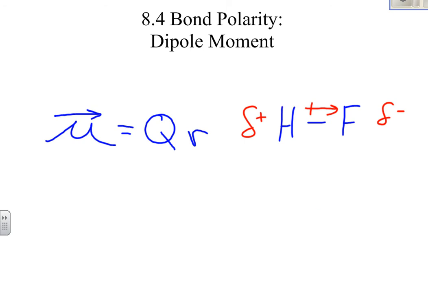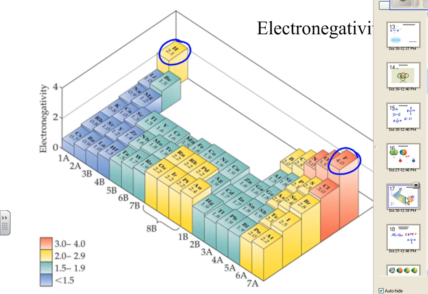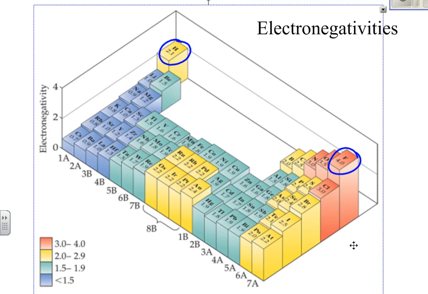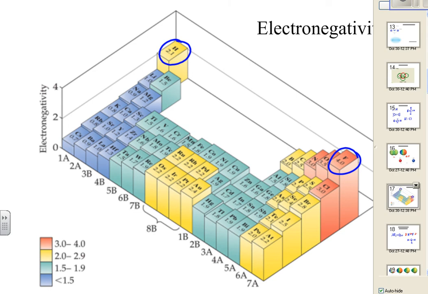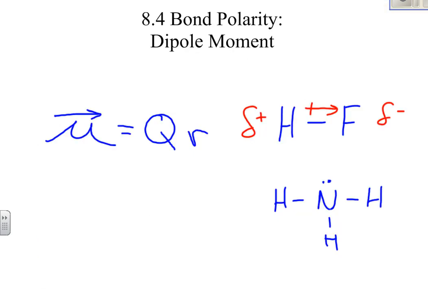So if we did the one in the first case with nitrogen and hydrogen, again, let me put dashes in here for these instead of dots. If we go back to our table of electronegativities, we see nitrogen is 3.0, hydrogen 2.1. So when we look at the molecule here, we have electron density pulled toward the nitrogen in each of those bonds.